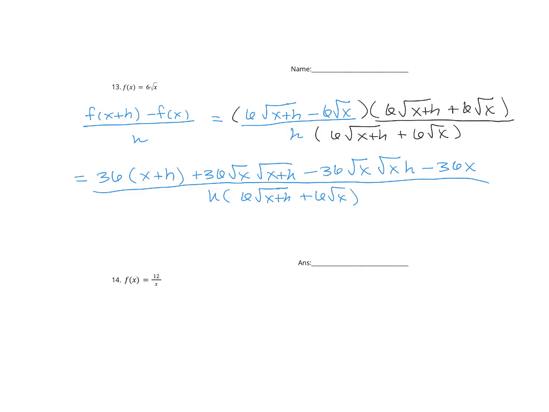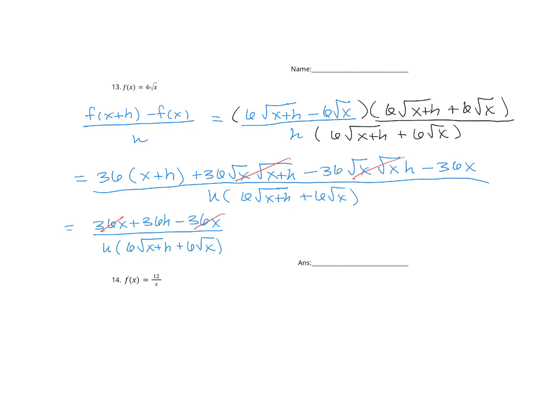Upstairs, you will notice that these two big things in the middle, they're going to cancel out. Then I can distribute. I'm going to have a 36x plus 36h minus 36x over top of h times that square root thing again. And you will notice, like the previous problem, those x's are going to cancel out.